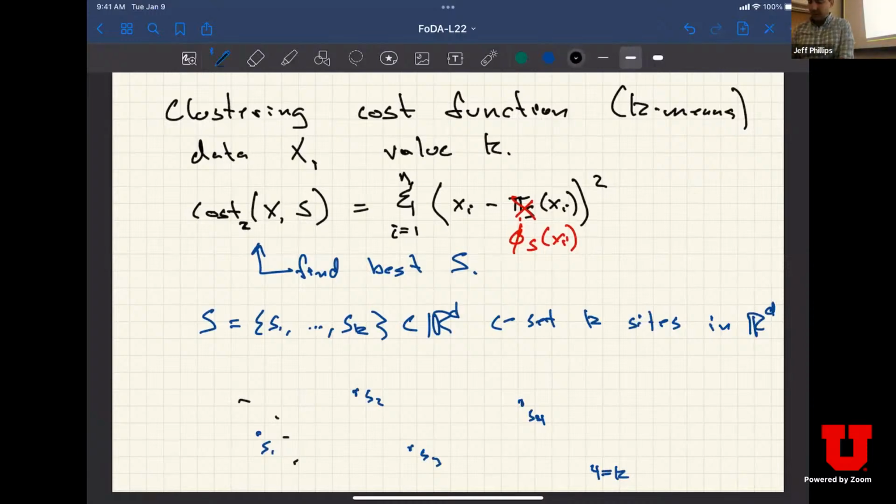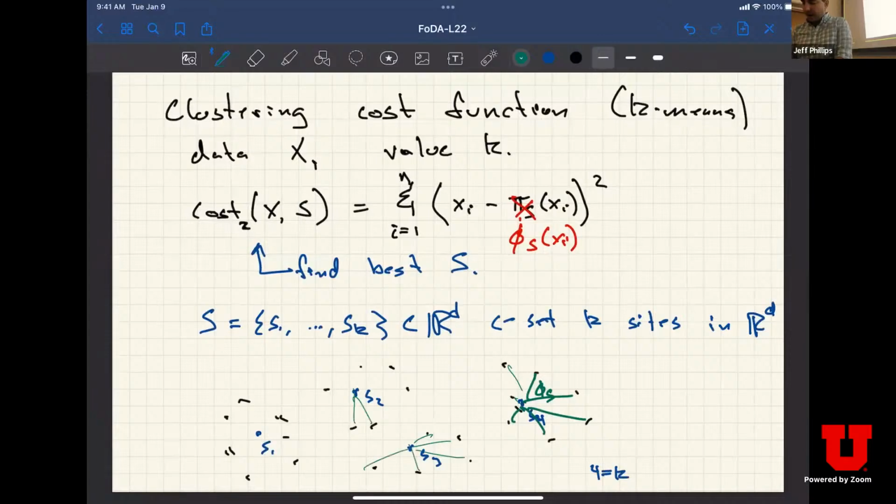So I have data points, and I want to project them onto these clusters. This projection function, phi of S, is going to project onto these. This is what the answer is going to look like, where every point is projected onto the closest site.